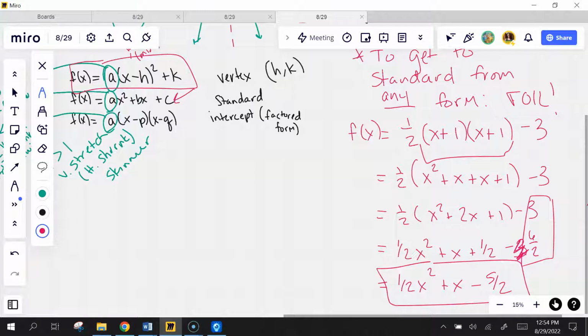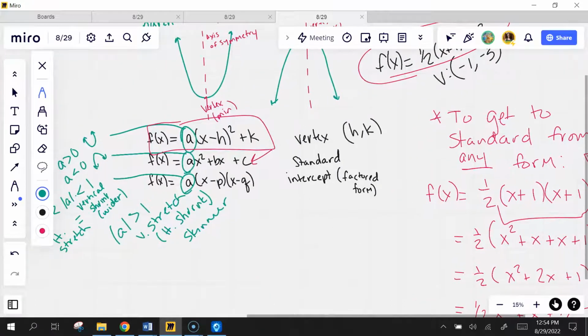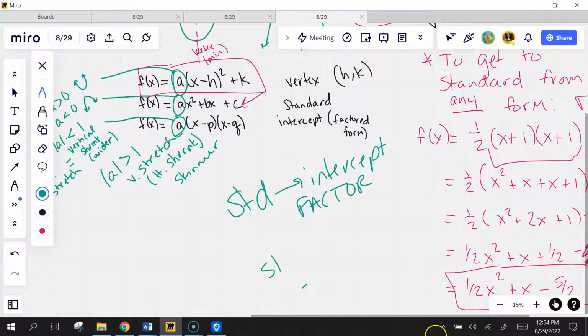What is that equation called? But it may not necessarily give me the right thing. You're finding the vertex, but how can I get it? How can I manipulate? I don't think we did this. Okay, to go from standard to intercept, I factor, right? But what if I need to go from standard to vertex?